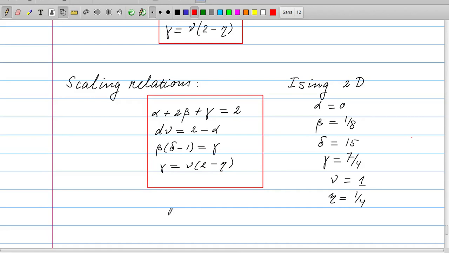And z and v tell you something about the eigenvalues of the renormalization transformation close to the critical point. In other words, we could express all the critical exponents in terms of just 2 numbers, z and v. And these numbers are called the relevant exponents.